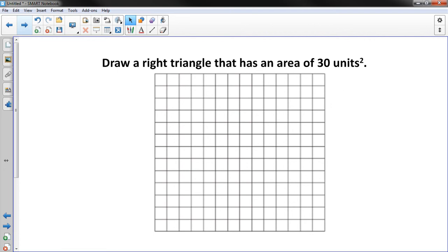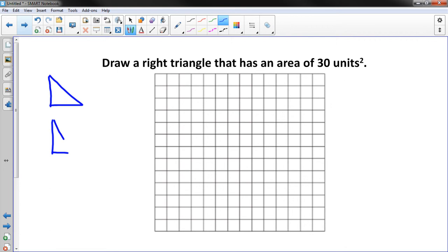Draw a right triangle that has an area of 30. So again, on the side, I'm just going to sketch some right triangles just so I know what they are. And the key thing with a right triangle is you have one angle in the triangle that's 90 degrees. That's 90. That's 90 degrees. That's 90 degrees. That's the definition of a right triangle.